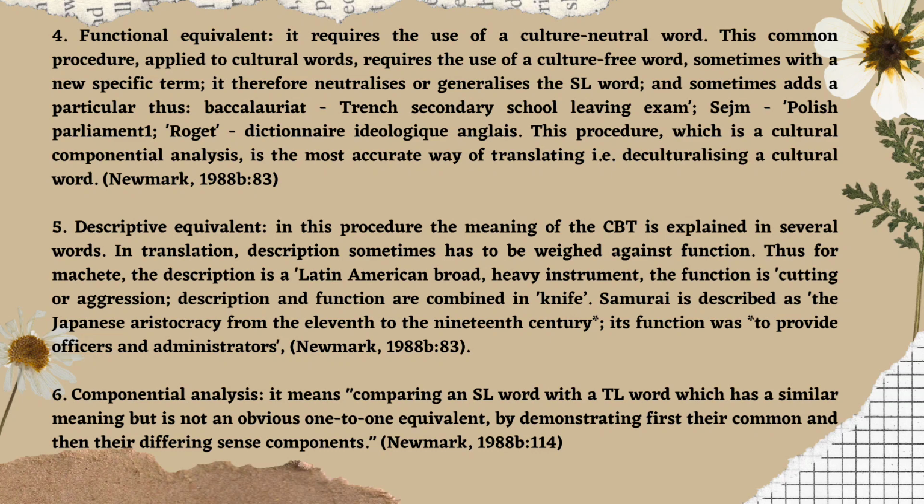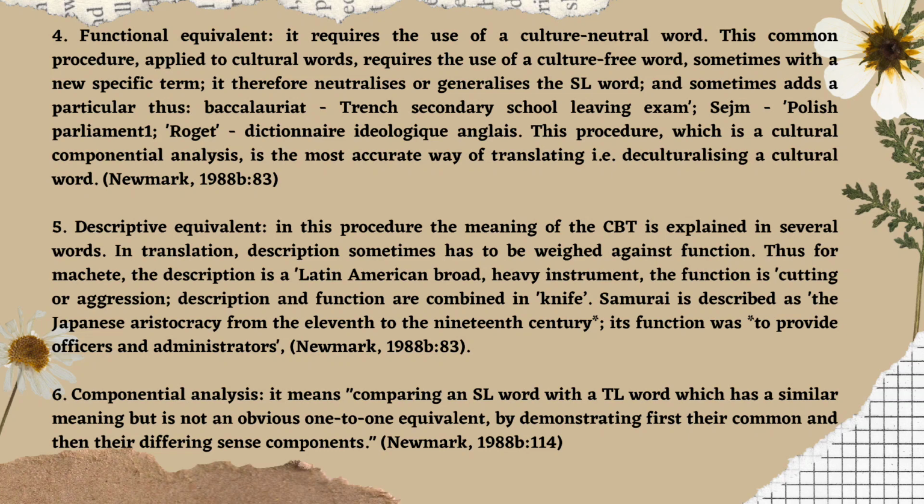The function is cutting or aggression. Description and function are combined. A knife or samurai is described as the Japanese aristocratic warrior from the 11th to the 19th century. Its function was to provide officer and administration. By Newmark, 1988, page 83.